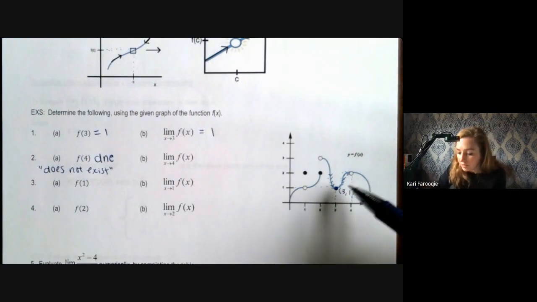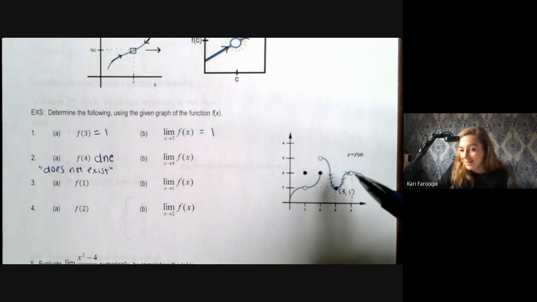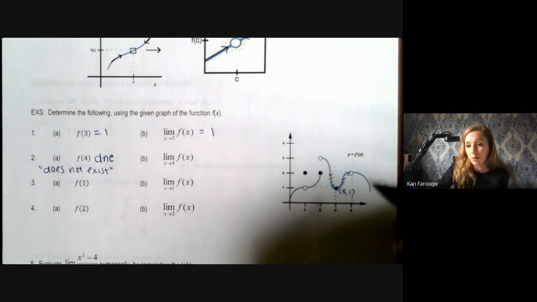They're not going to get there, but they might get to like 1.9, 1.99, 1.999. They're going up, up, up. It's just that when we appear to get to this maximum value at 2, we have this open circle. So the function can't exist, but we can get close to a value. We can approach a value.